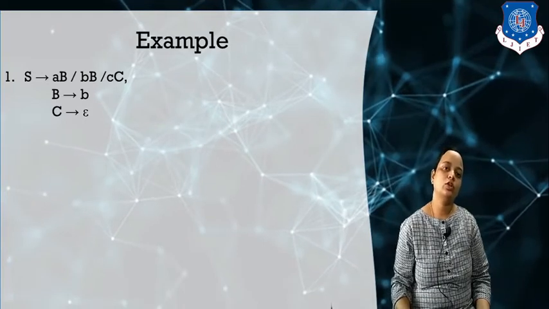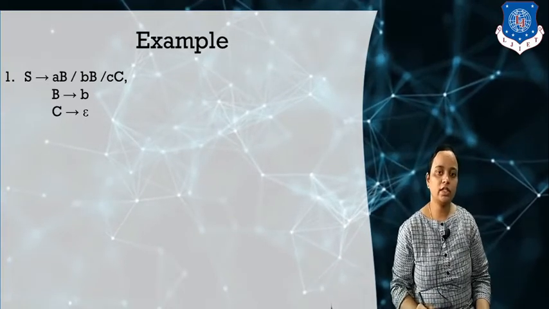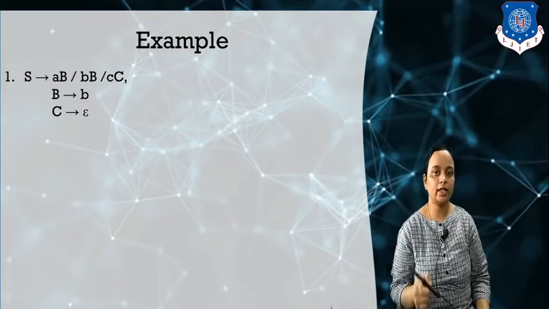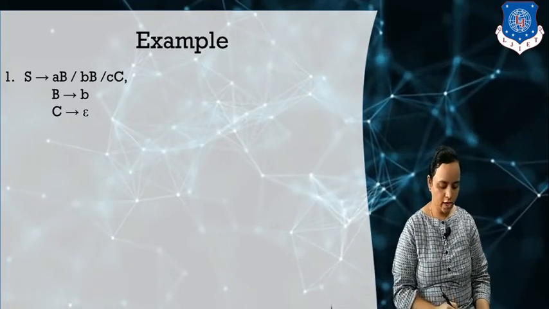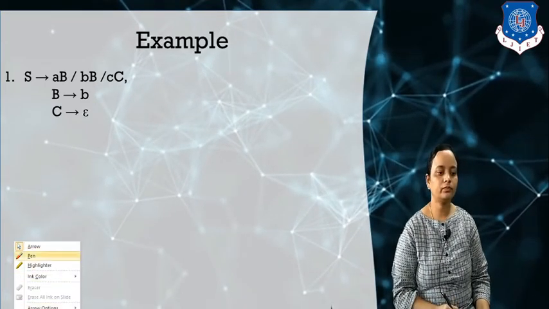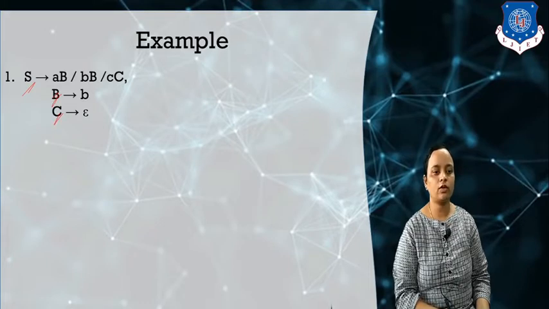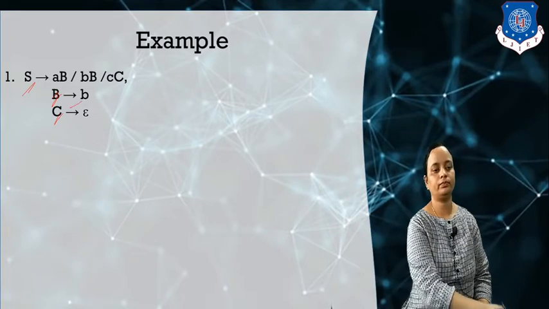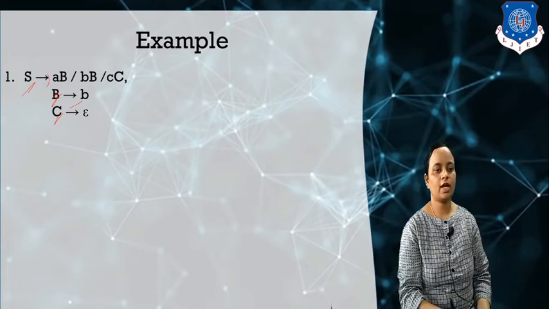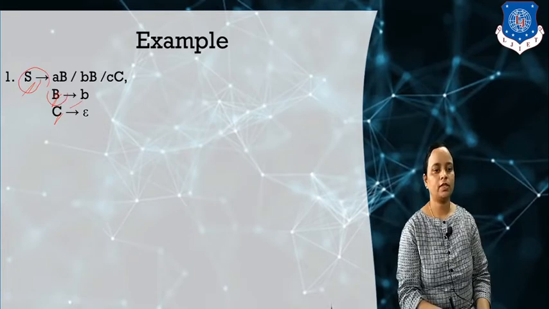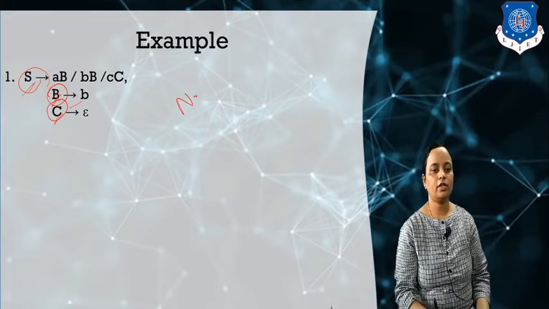First of all, we need to understand what the non-terminals and terminals contained in this grammar are. Since this is a context-free grammar, all the symbols on the left-hand side of the arrow, S, B and C, are my non-terminals.